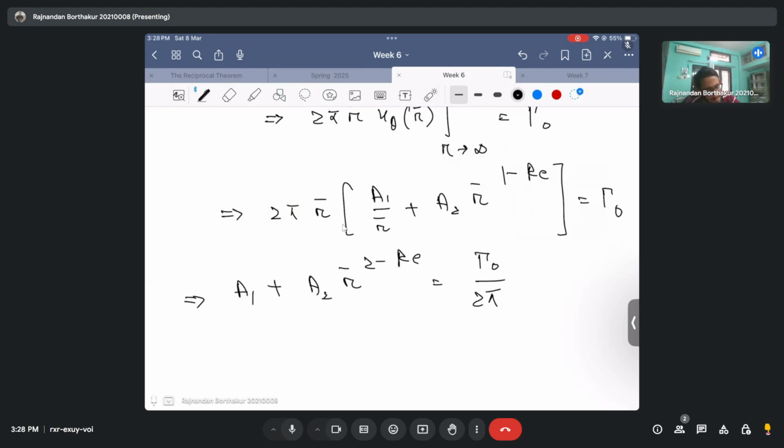And since gamma naught is just an arbitrary constant, gamma naught by 2 pi is anyway going to be another arbitrary constant, and I'll write it as gamma naught bar.